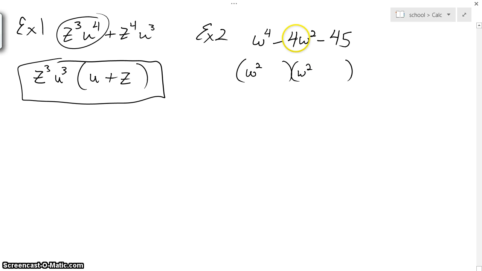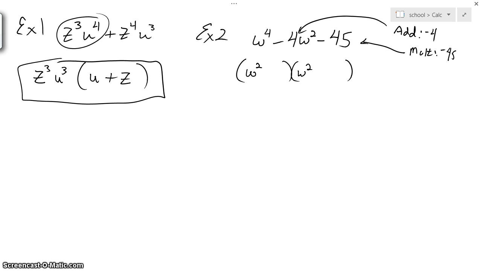When it comes to the trinomial factoring, though, the term in the middle is what we're going to be adding up to. We'd like to have 2 numbers add to our negative 4. This last number here, the negative 45, we're looking for 2 numbers to multiply to that. So we're going to see if we could simultaneously find 2 numbers that would multiply to negative 45 and would also add to negative 4.